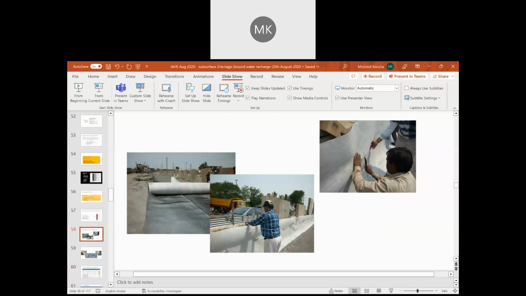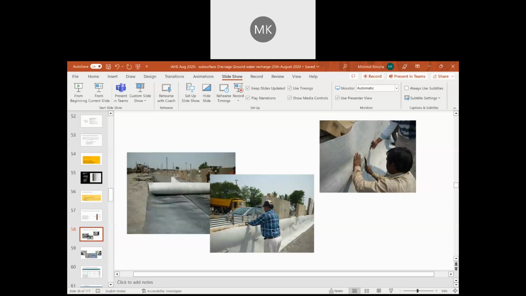So in 4.3.2.7, the French drain is defined. What is a French drain? Instead of a drainage geocomposite, you are using longitudinal roadside drains with aggregates enclosed in a geotextile. That can be called a French drain.